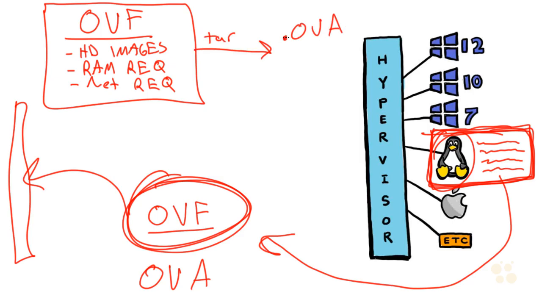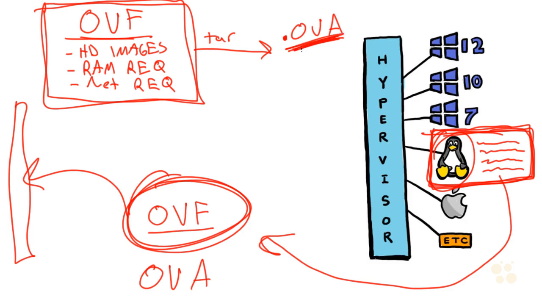So it's a single file that is a tarred up group of the files defined in the OVF standard. If you're confused between OVA and OVF, know that an OVA is just an archived version, so it's a single downloadable file.